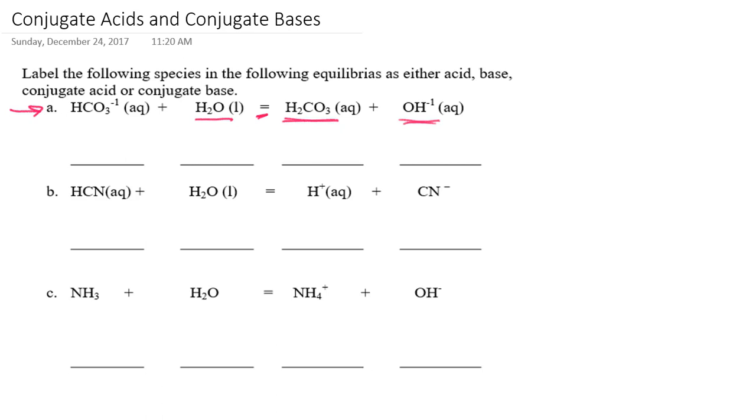And so what's happening here is one of the hydrogens from the water is actually being donated to the bicarbonate ion. And so since water is acting as a proton donor, then water in this case is behaving as a Bronsted-Lowry acid. The bicarbonate ion is accepting a proton, and so it would be behaving as a Bronsted-Lowry base.